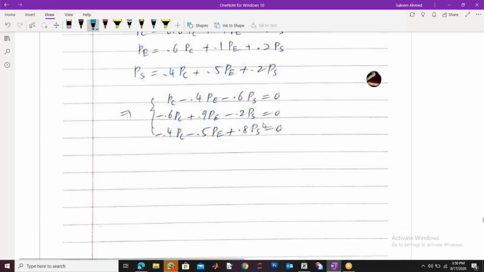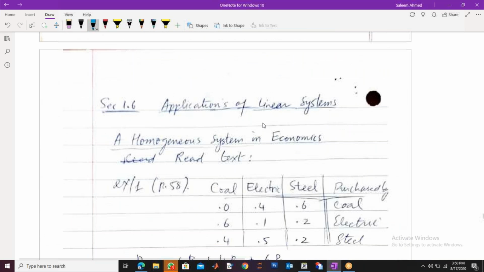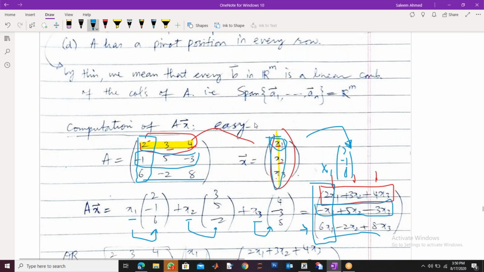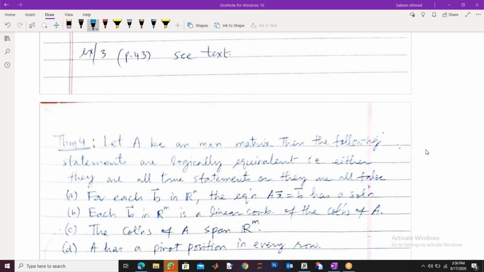Okay, so I will just do 2 examples which are very straightforward, simple examples. Okay, no questions.